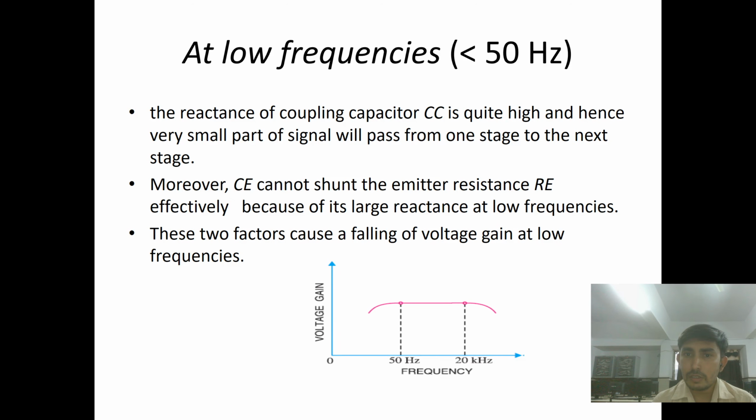Low frequency signals. We know very well we are using a number of capacitors. At low frequency the gain will be low. There are two reasons behind it. The first reason is the coupling capacitor, which couples the two stages.